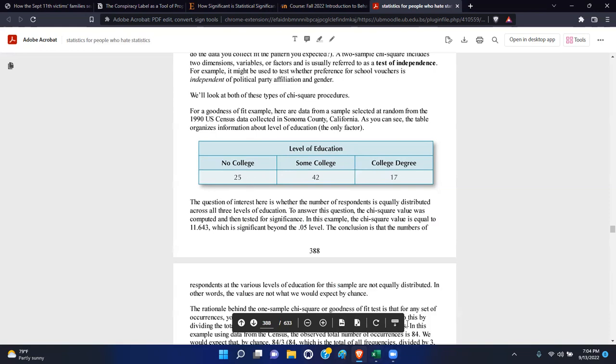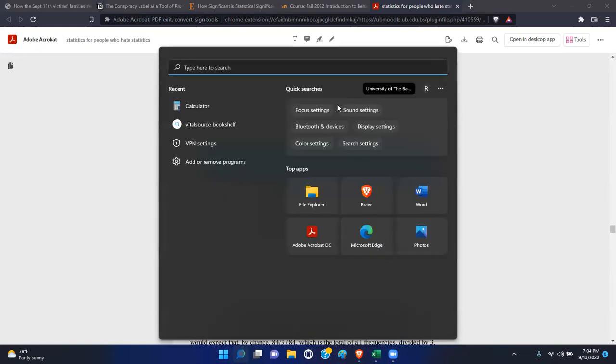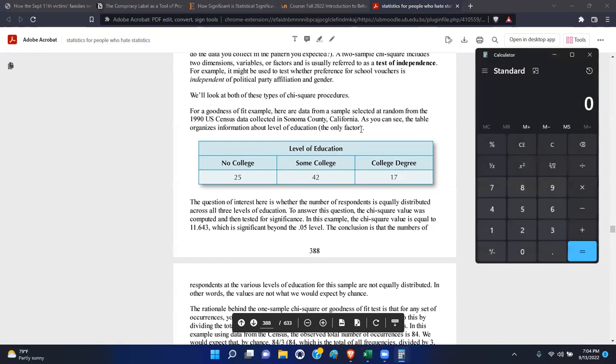So if that's what we actually observed, and I actually had my calculator still up, we would see that we have 25 plus 42 plus 17 people. So we have 84 people total that we've asked what their level of education is. So these 84 people represent this particular distribution.